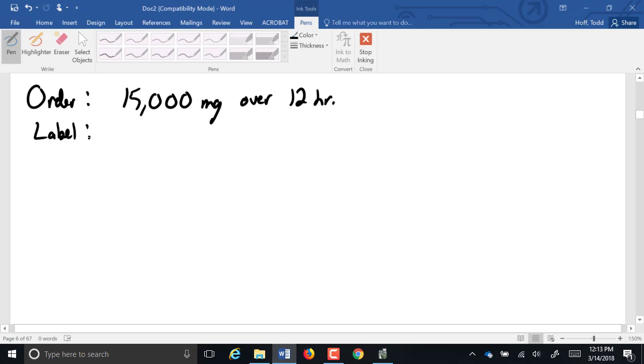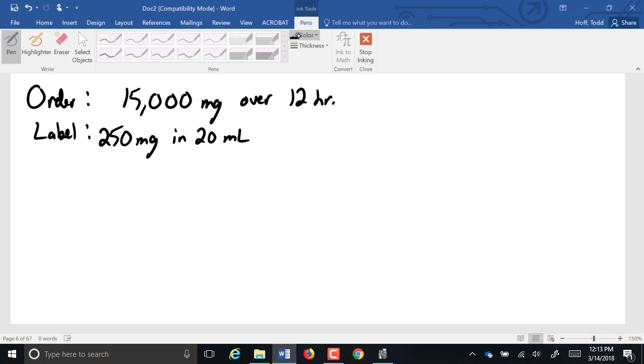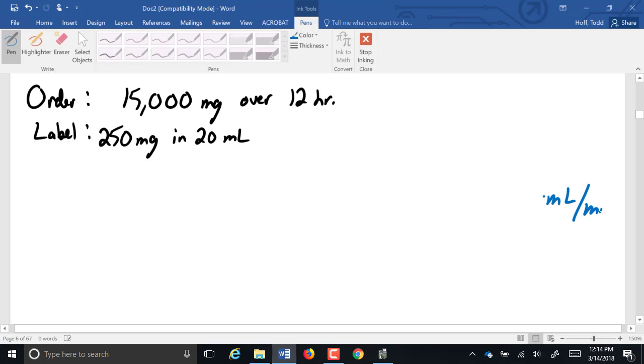The label of our container might state 250 milligrams in 20 milliliters of fluid. We want to know what we're going to set this in milliliters per minute, what we're going to set the infuser at to infuse that 15,000 milligrams over 12 hours.